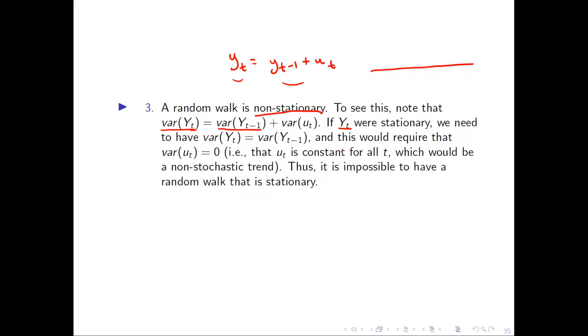So it's impossible to have a random walk which is stationary with a constant variance.